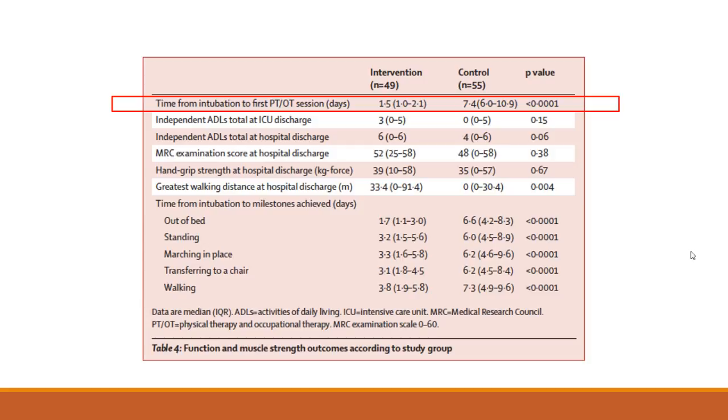And I found this interesting. So left to our own devices, patients were receiving their first session of physical therapy 7 days into their stay, versus the intervention arm, a day and a half in, they were getting their intervention. So I found that interesting.